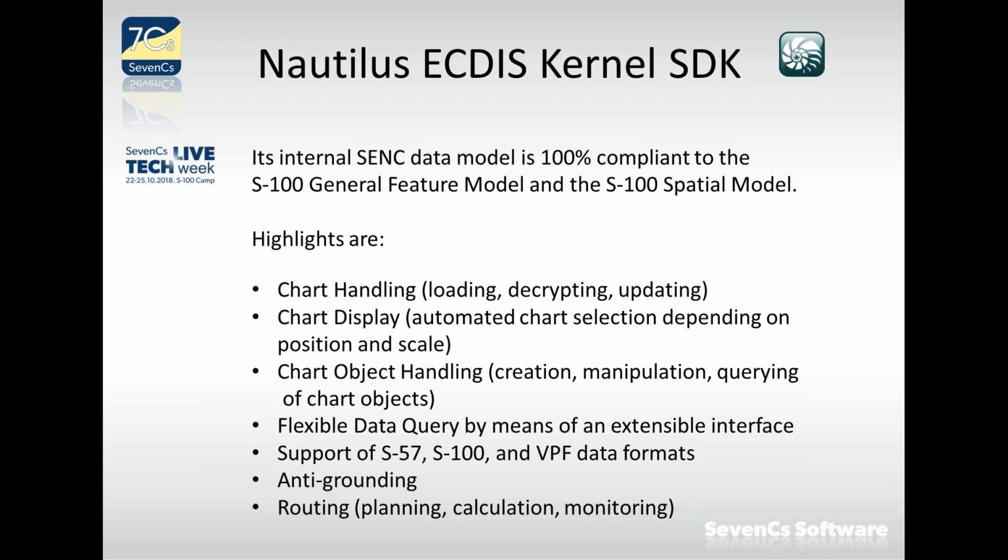But this selection is also done by the SDK. So the user of the SDK does not have to manually select what data I want to show. This goes automatically. You just say, I want to see this data product or that data product, and then the SDK will find out which data sets are available in that area and load them into the system automatically before portraying. It will be based on position and scale.